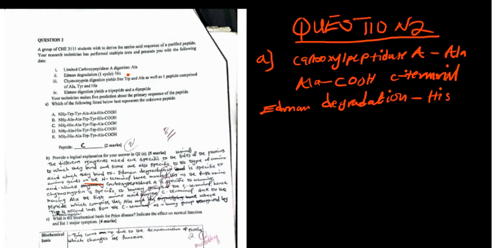Know that the N terminal is like this. So this is histidine here, and that's how it should look, meaning at the N terminal end.